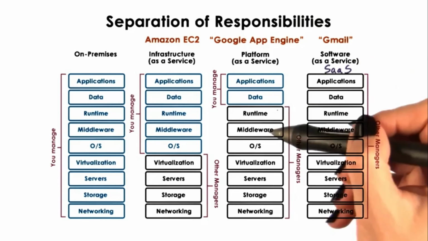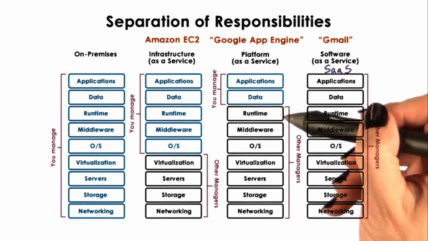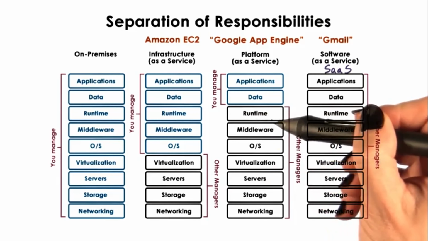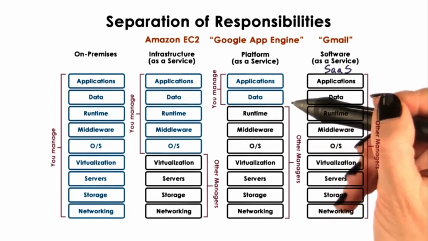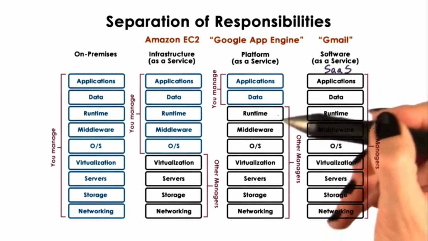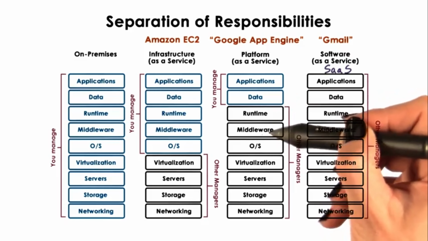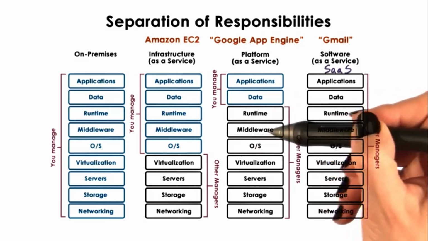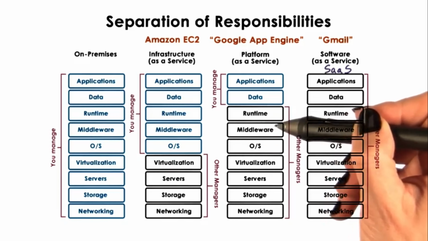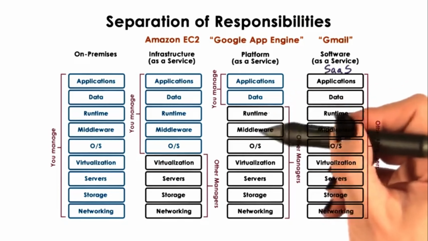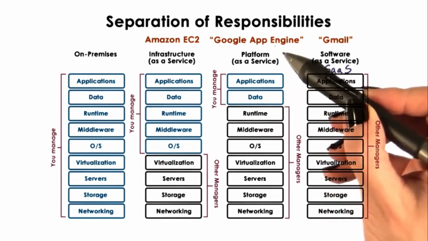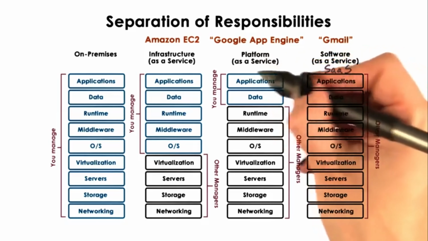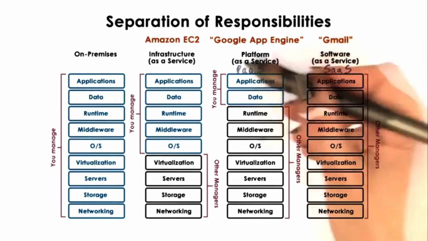A second model is where the cloud service provides certain APIs that you can access to develop particular types of applications. The cloud service provides a development or execution environment, and that includes the operating system, various libraries, various tools that are necessary for the applications that need to run in that environment. One example is the Google App Engine, and this is called a Platform as a Service offering, or PaaS.